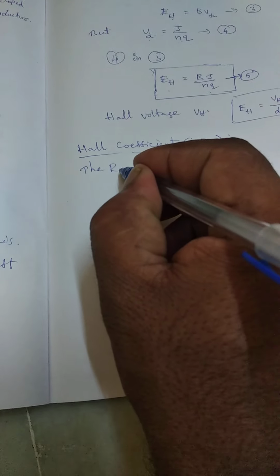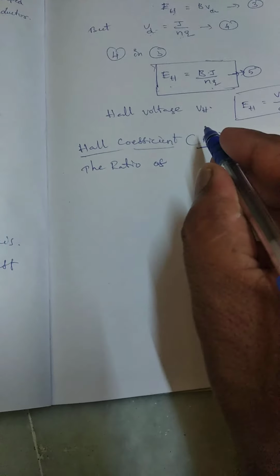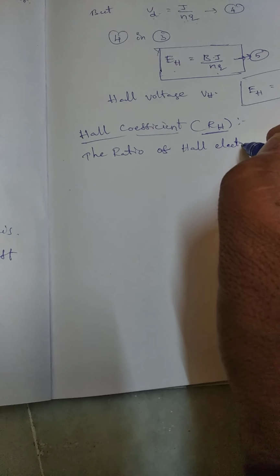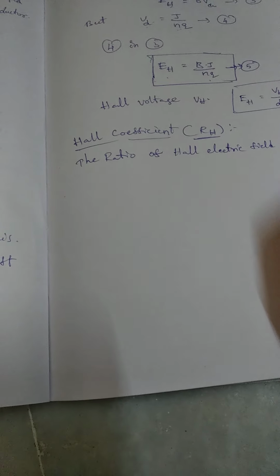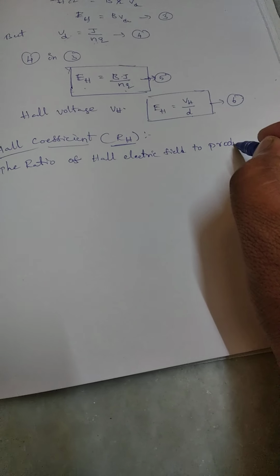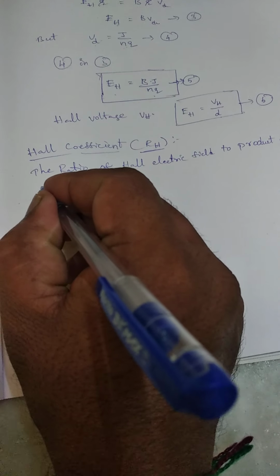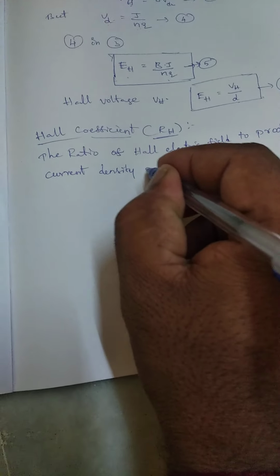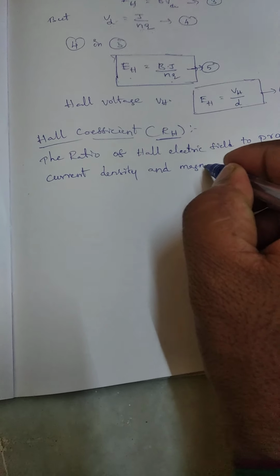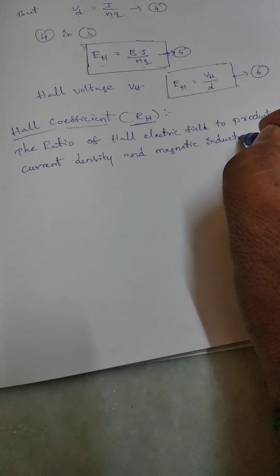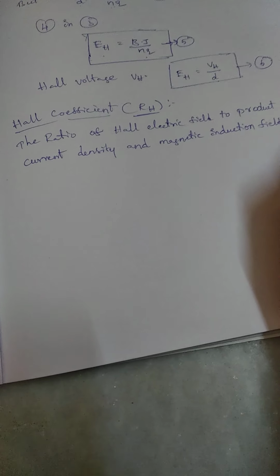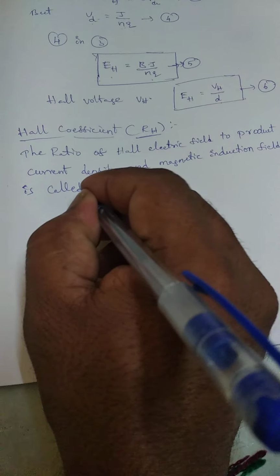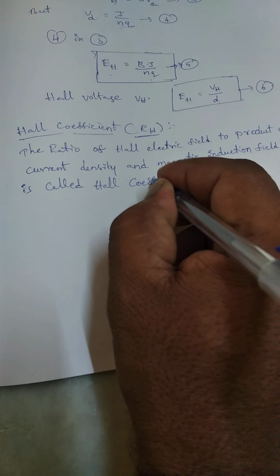The ratio of the Hall electric field to the product of current density and magnetic induction field strength is called the Hall coefficient.